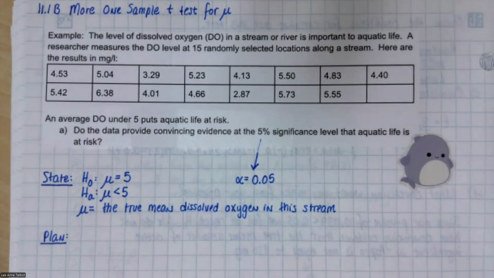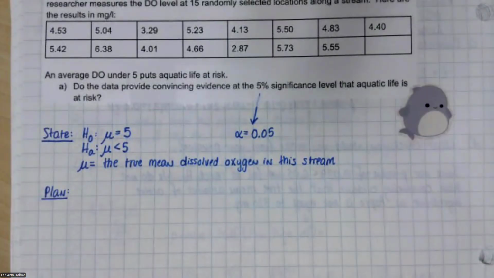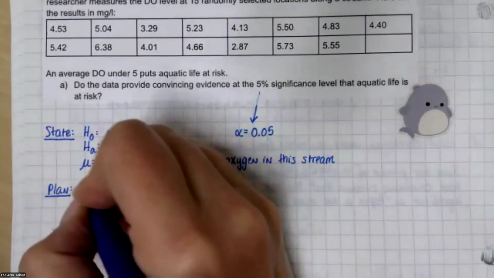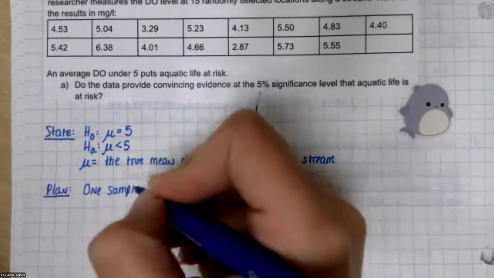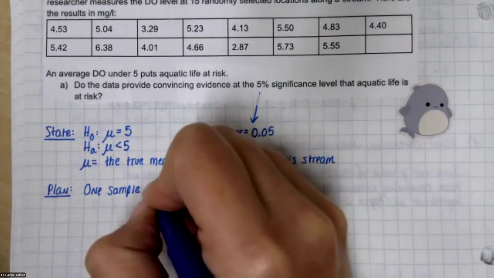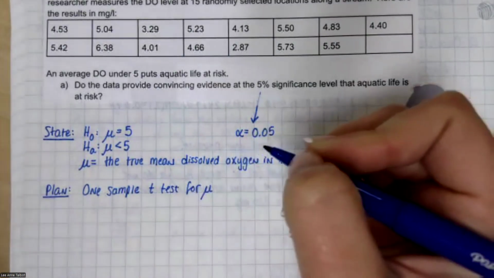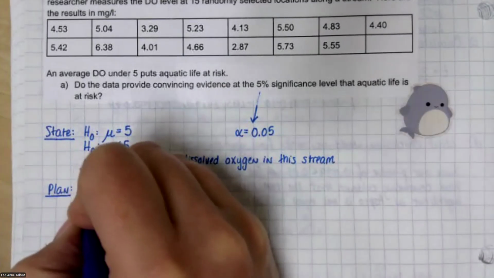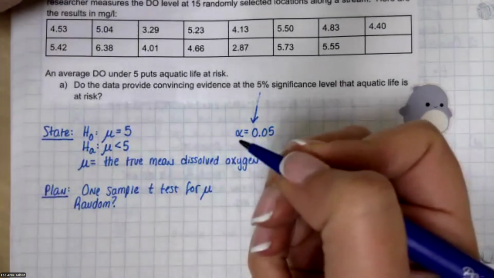Okay, pause there. Any questions about any of that stuff? Are you sure? Are you positivo? Okay, plan. One sample t-test for mu. Random.